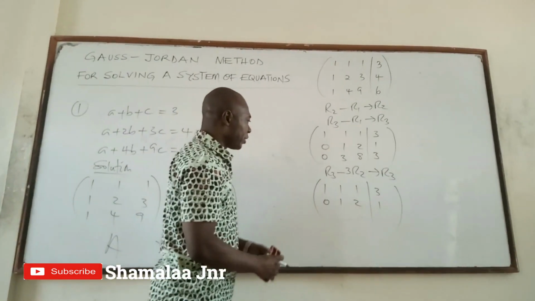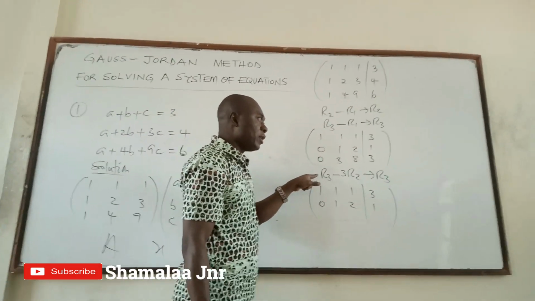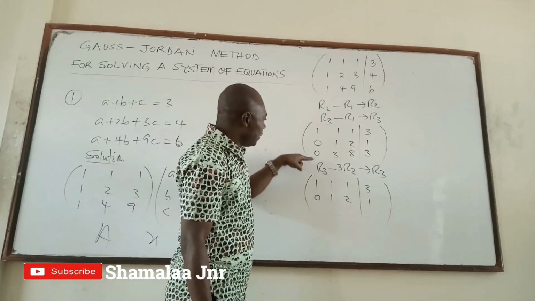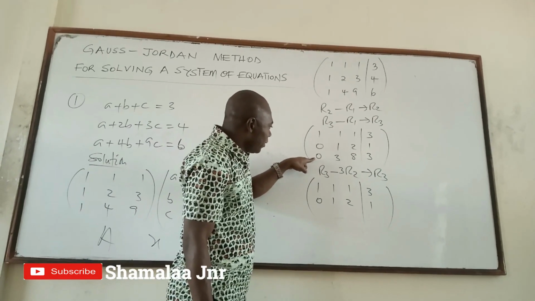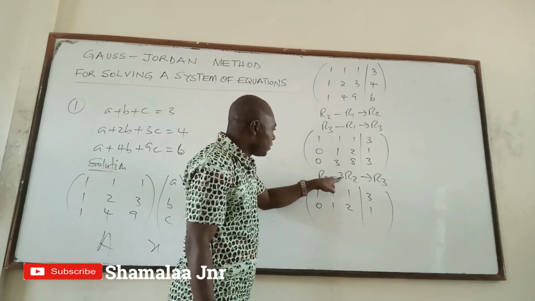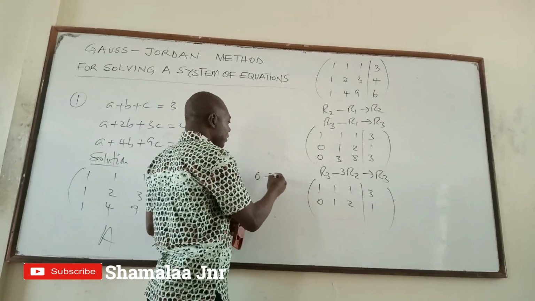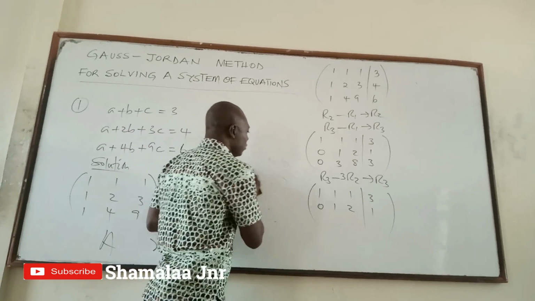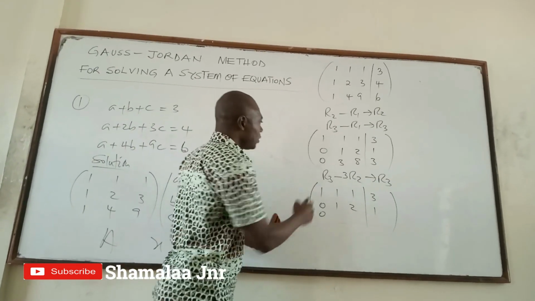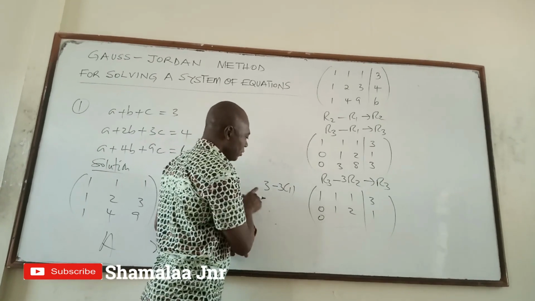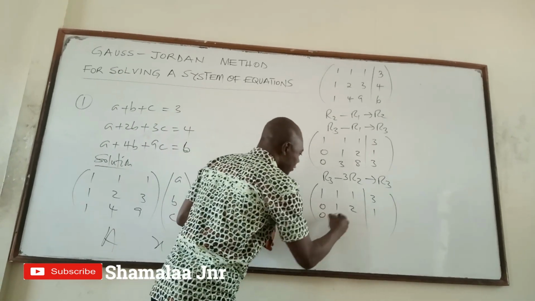Now let's move on to row 3, where you have to perform the elementary row operation. Row 3: here is 0 minus 3 times 0, so this one will go to 0. The next one, 3 minus 3 times 1, that is also 0.